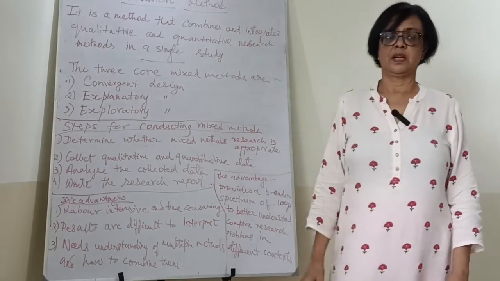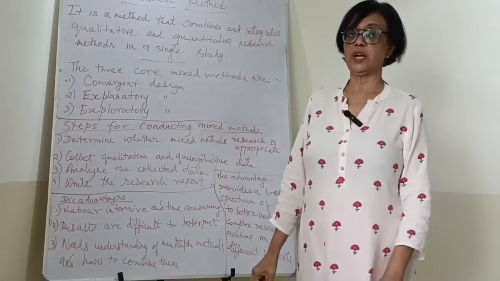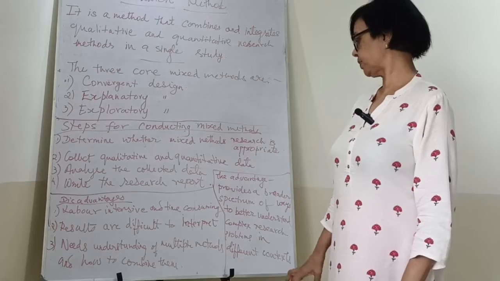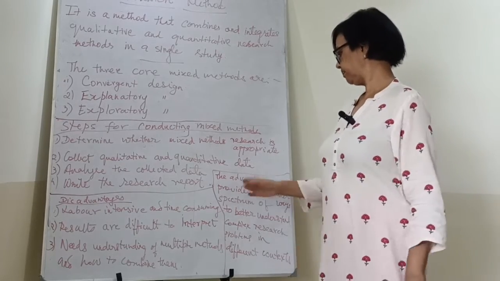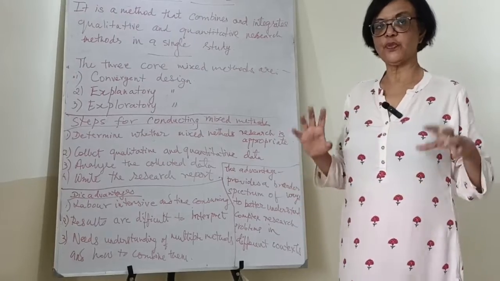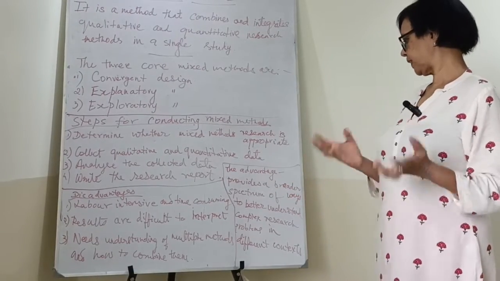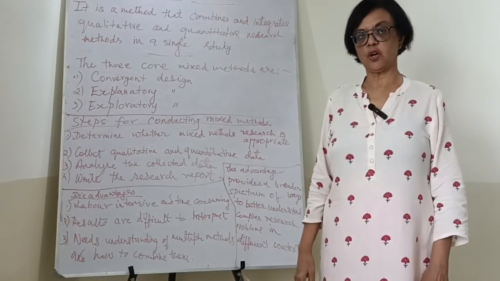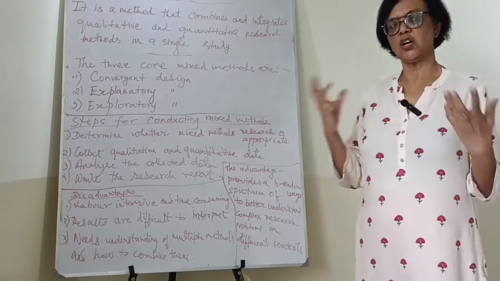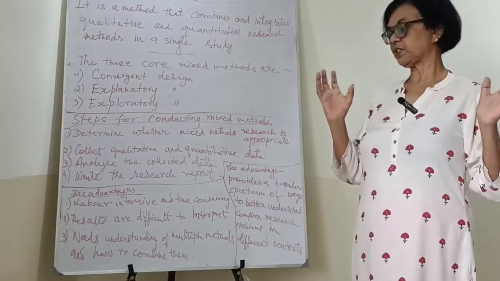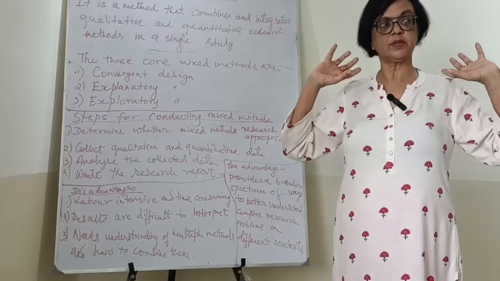But apart from the disadvantage, we also have one good advantage of this mixed research method. What is it? It provides a broader spectrum of ways to better understand the complex research problems in different contexts. It has a broader spectrum of ways. Why is it a broader spectrum?